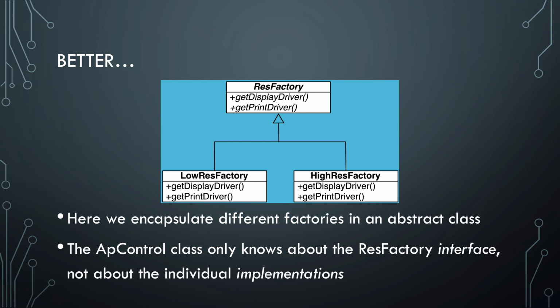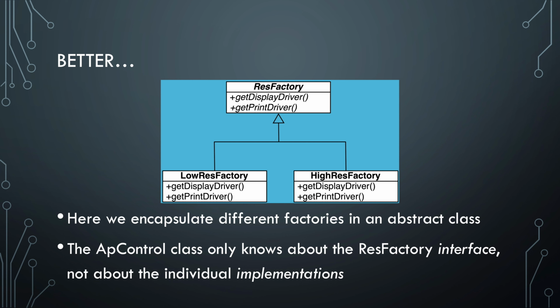The factory consists of an abstract class with methods that create concrete drivers. Each of the concrete factories is then a subclass of this abstract class and is responsible for creating a particular set of display and print drivers. In this example, there is a low-res factory that creates low-resolution drivers and a high-res factory that creates high-resolution drivers.